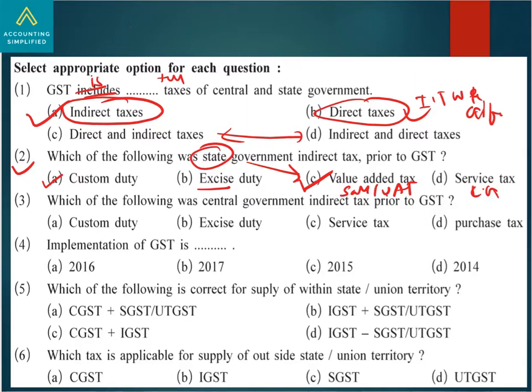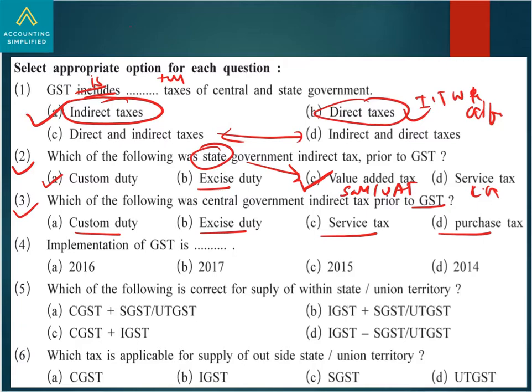Now let's learn question number 3. Which of the following was a central government indirect tax prior to GST? GST के पहले कौन सा central government का tax था? Custom duty, excise duty, service tax and purchase tax. Actually the question is incorrect.